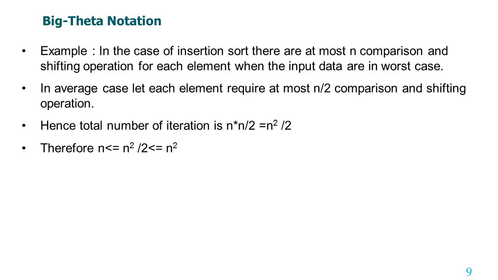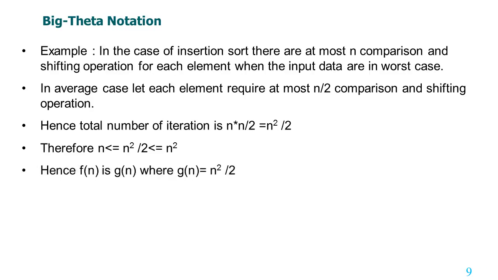Therefore, now we can say that the value n squared by 2 lies between n and n squared. Hence we can find the theta notation in this way.